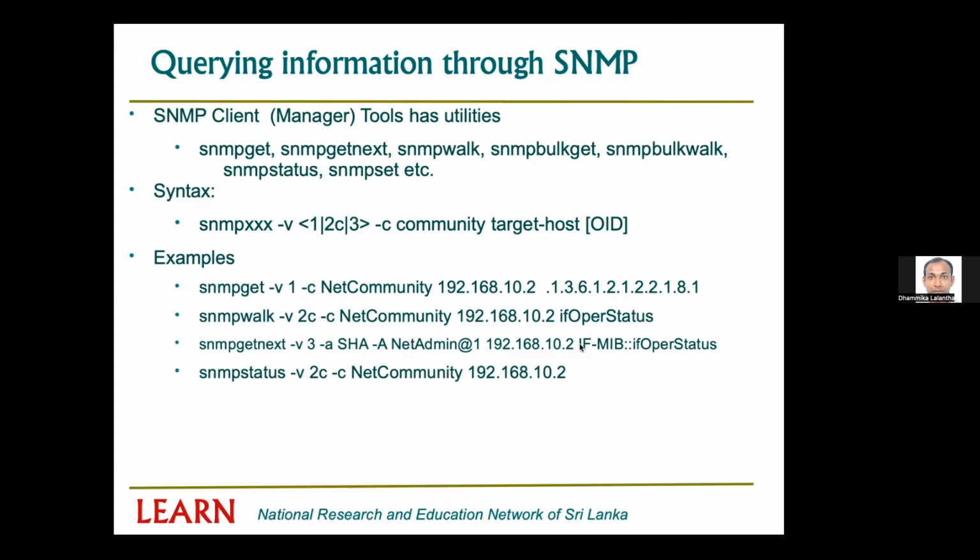ifOperStatus is an inbuilt object, so there won't be any issues. It is defined in IF-MIB, that means the interface MIB, which is the inbuilt or default MIB coming with the installation. In the next command, we call snmpgetnext.